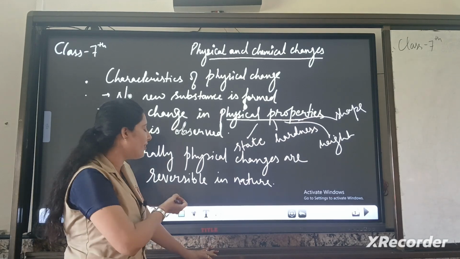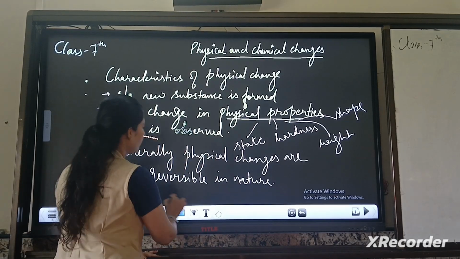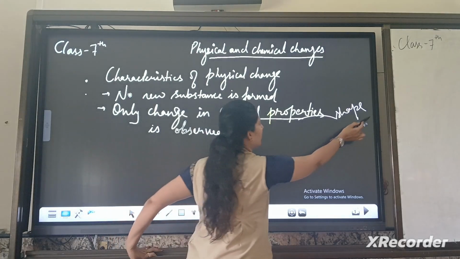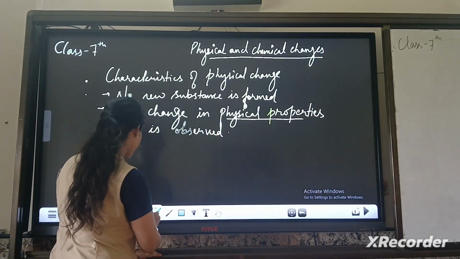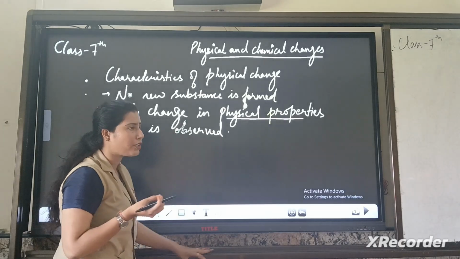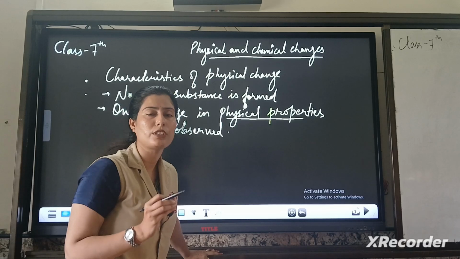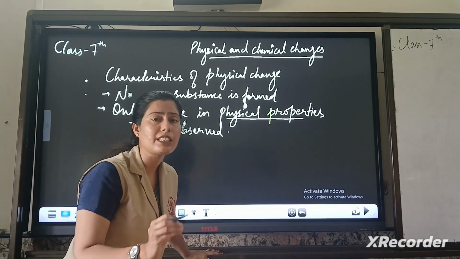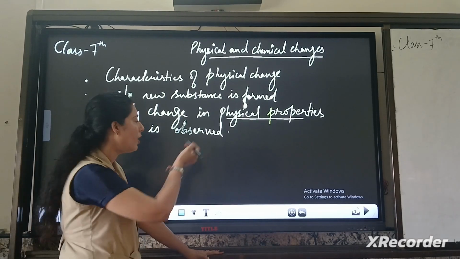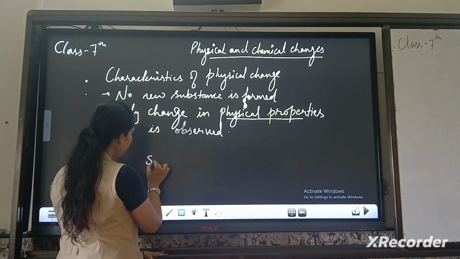What does reversible mean? Look here. Reversible changes, or we can say reversible reactions, are those reactions which can be reversed in both directions, in a forward direction as well as in a backward direction. What does that mean? I have taken an example of a solid.